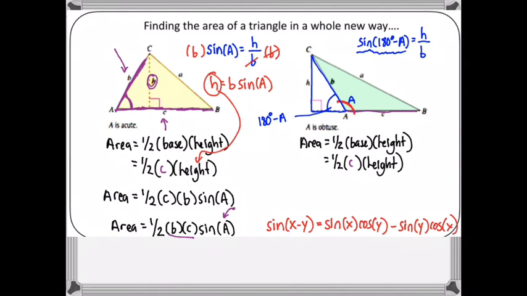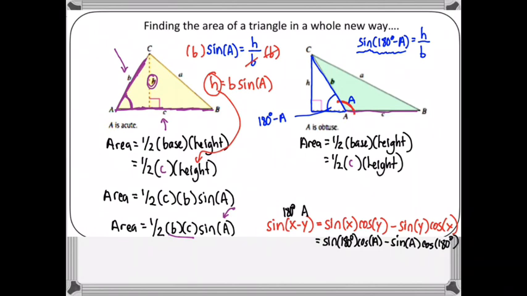We have the difference formula for sine that we worked quite a bit with. If I plug 180 in for x and A in for y, I would get the sine of 180 degrees cosine of A minus the sine of A cosine of 180.